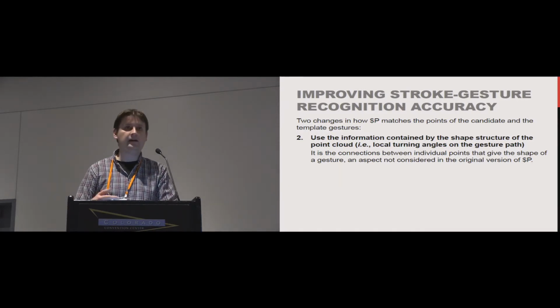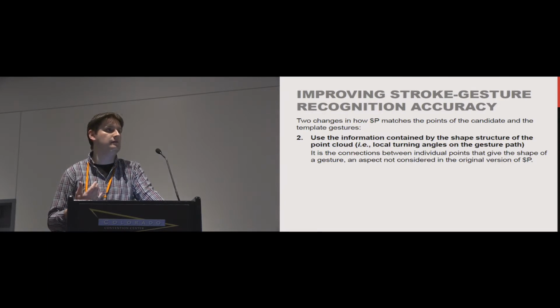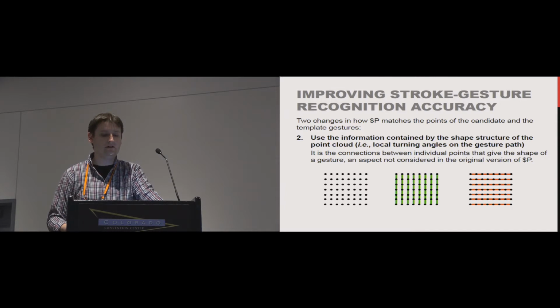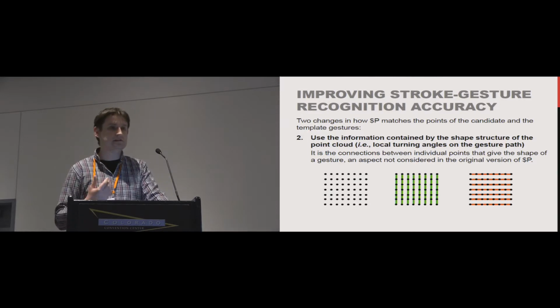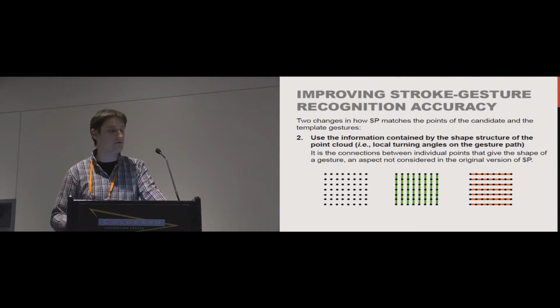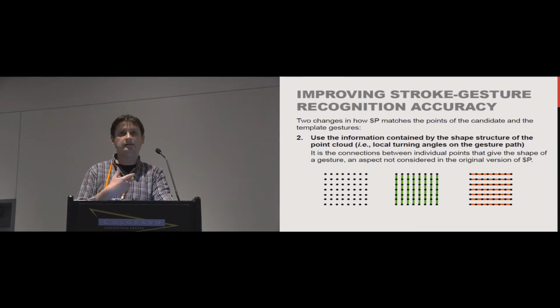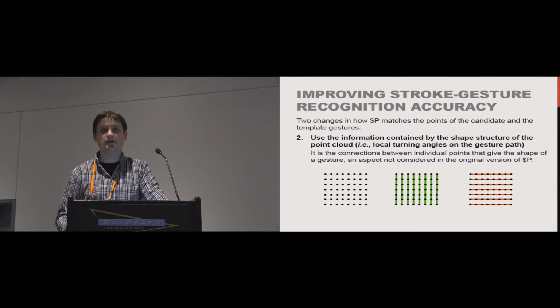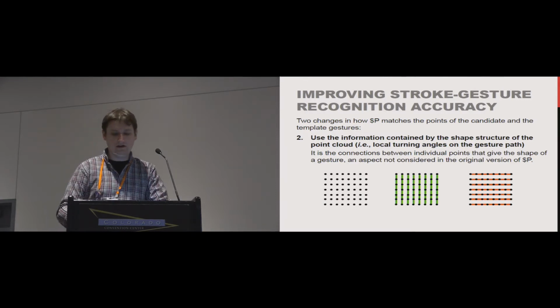And this idea came from examining the bending error measure, and actually it is the modification that amounted to the largest increase in accuracy rate, because it is actually the connections between individual points that form the shape of a gesture. For instance, if you look at the point cloud shown in the figure, this point cloud is representative for multiple multi-stroke gestures.